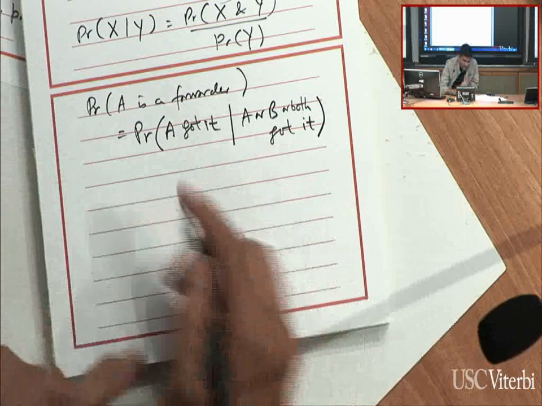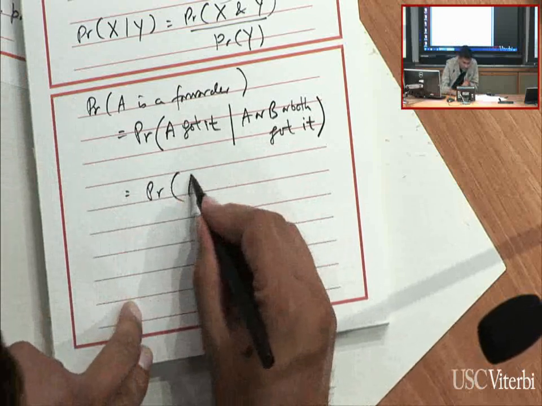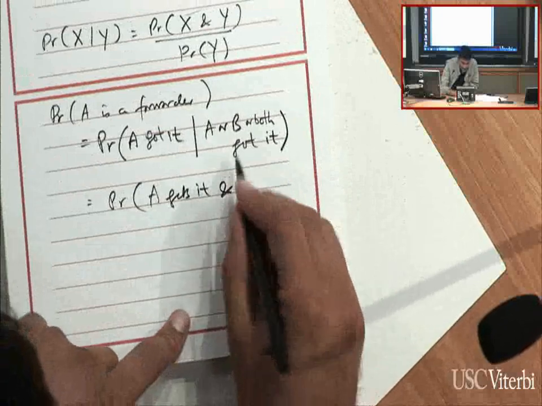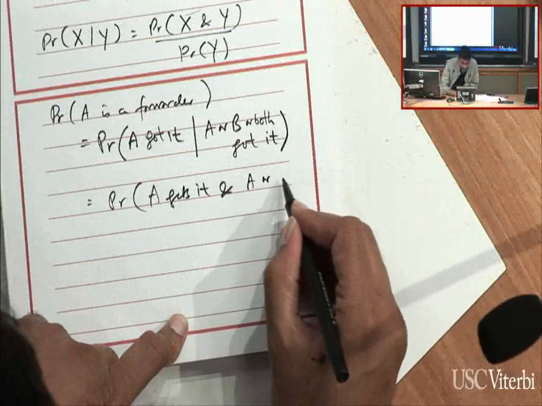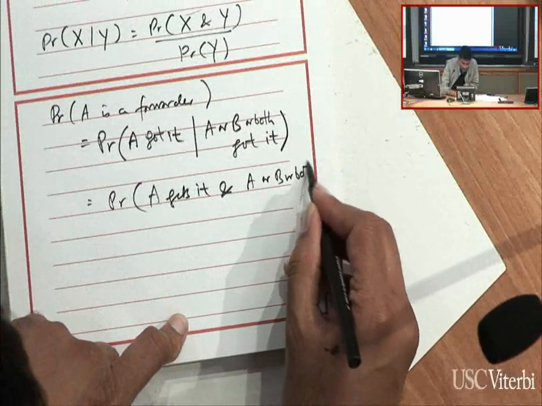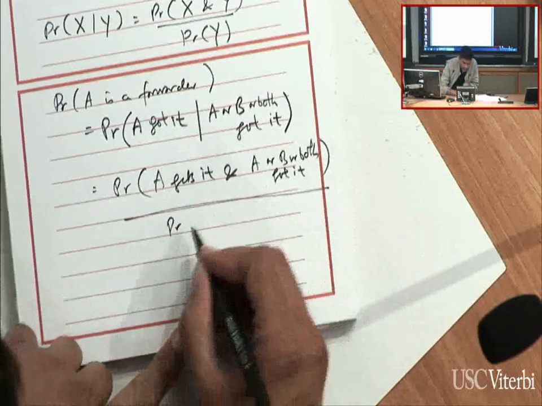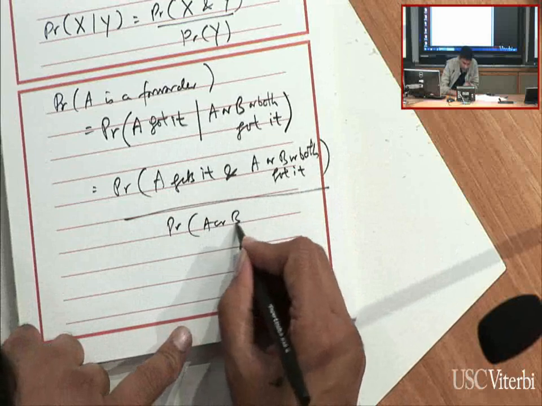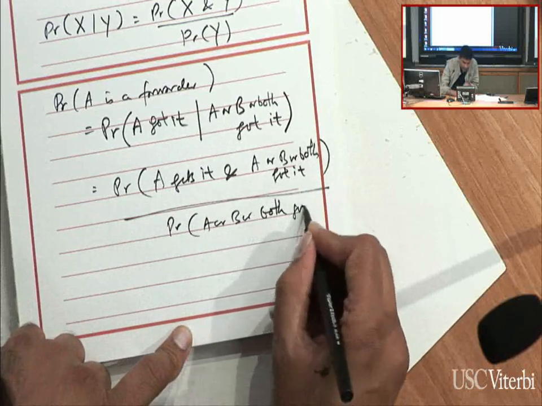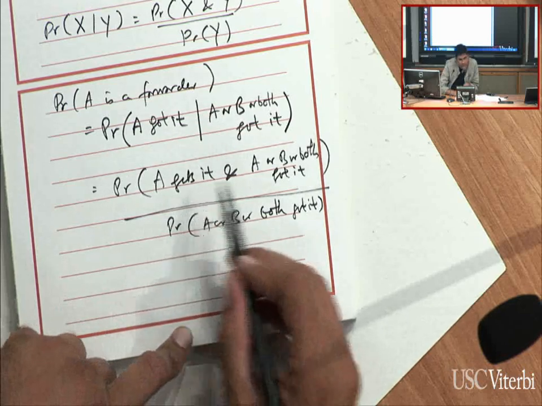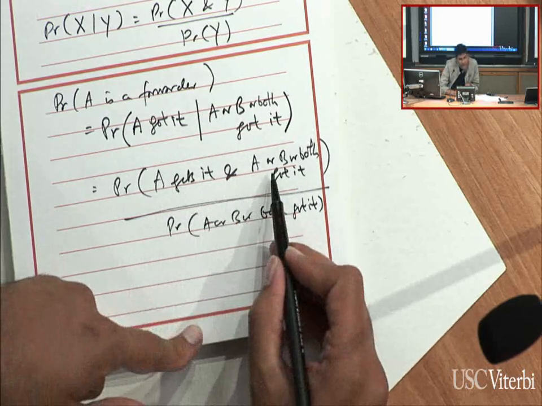And so this is equal to the probability that A gets it and A or B or both got it, divided by the probability that A or B or both got it. But what's the intersection of these two events?